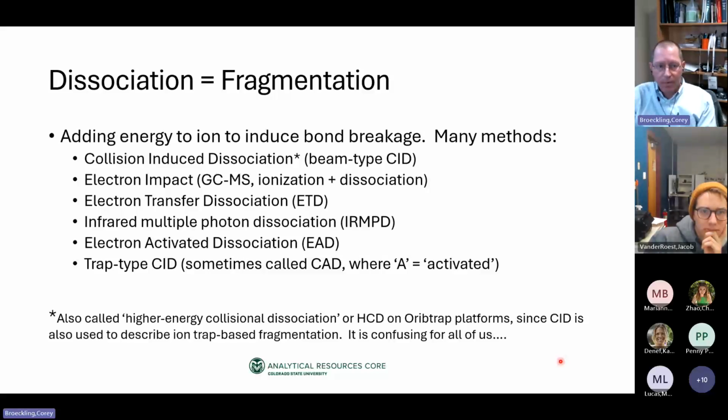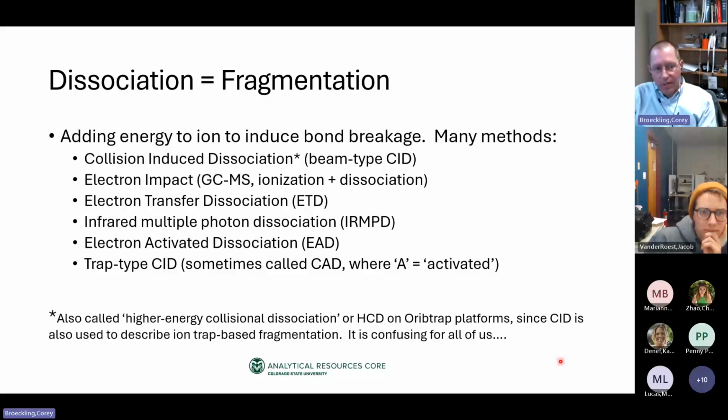Electron impact is a type of fragmentation which is also simultaneously ionization. We're taking a neutral molecule in that case, exposing it to a beam of electrons, which both ionizes and results in a fragmentation pattern. These electron-based fragmentation methods are becoming a little bit more popular for LCMS experiments as well, through electron transfer dissociation and electron-activated dissociation.